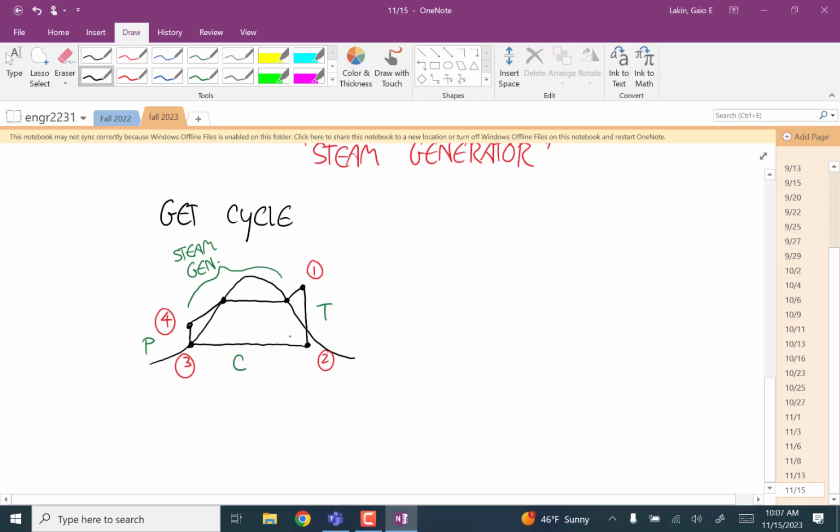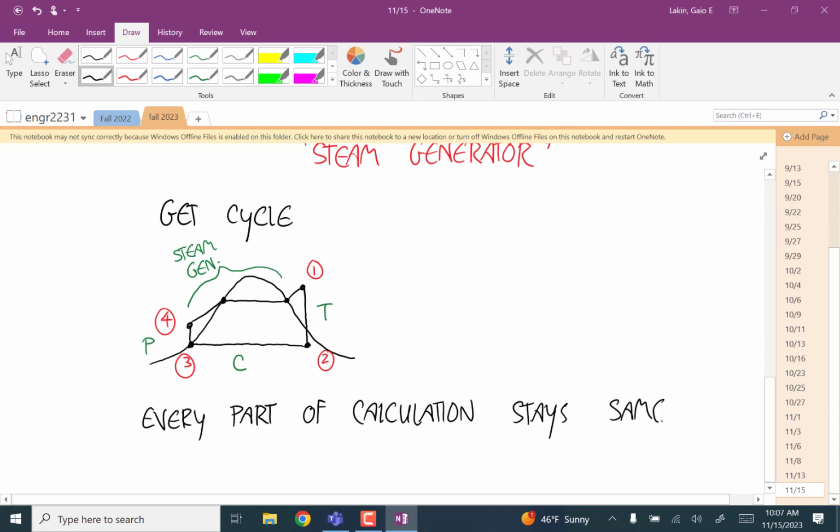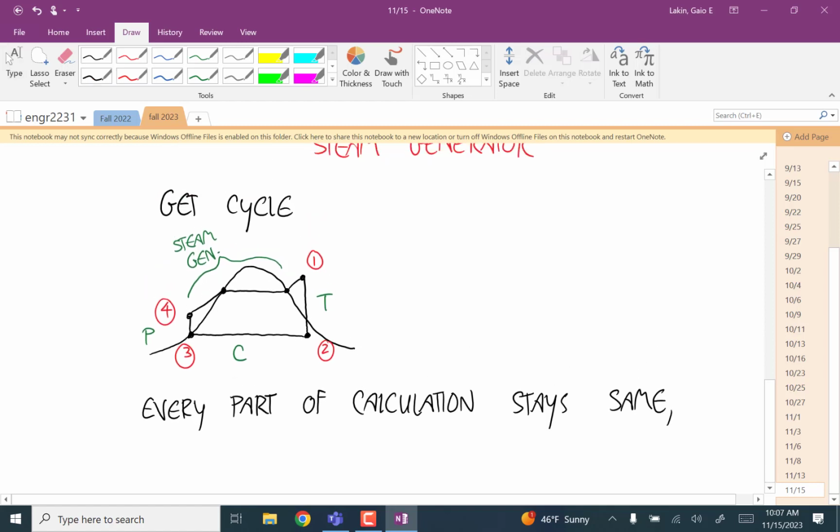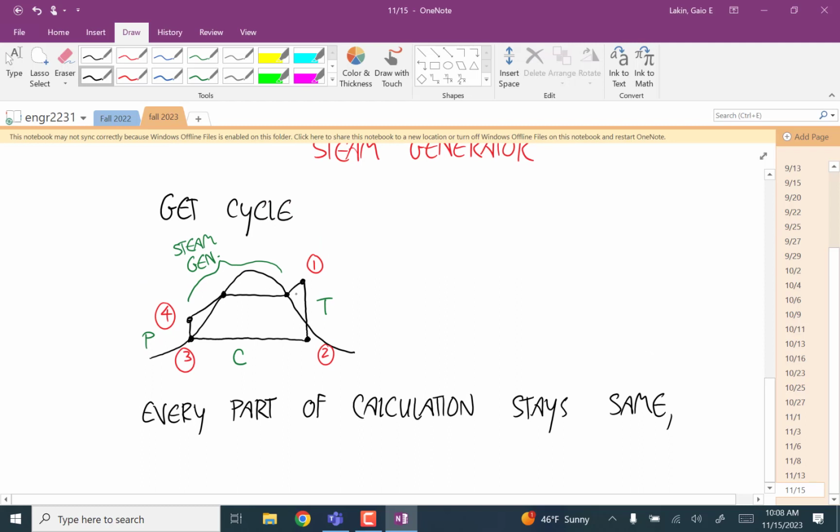If you're using superheated vapor like this, every part of the calculation stays the same. The only thing that's different is now you need more than one property in order to look up values at state 1. Okay.